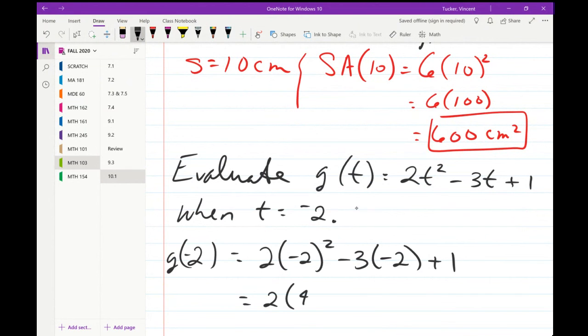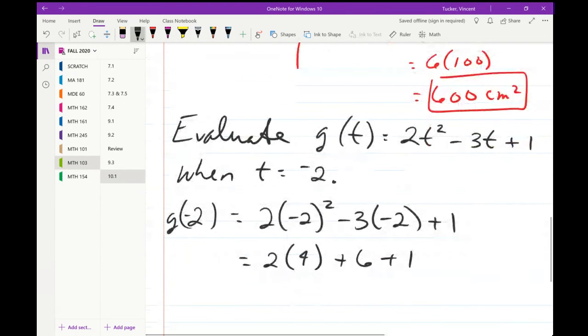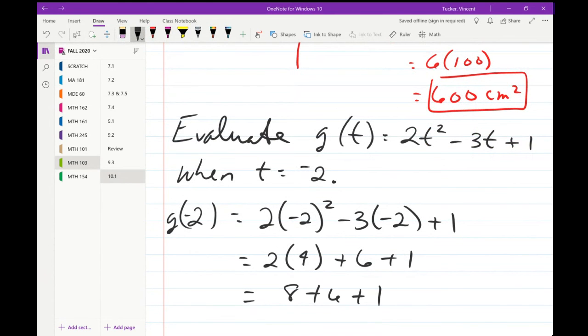Negative 2 squared is 4. Negative 3 times negative 2 is a positive 6. Eight plus 6 plus 1.